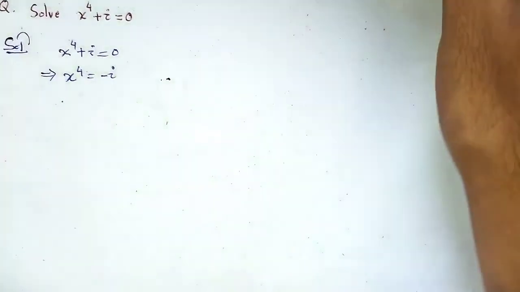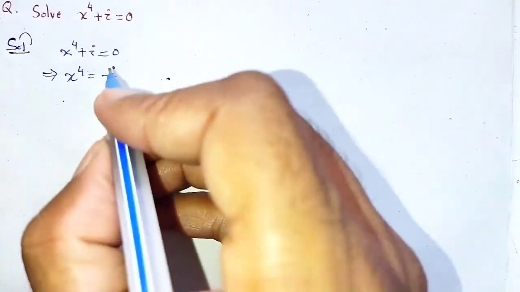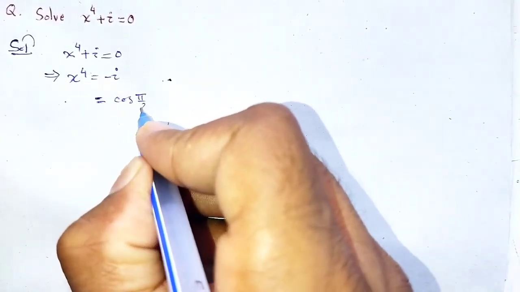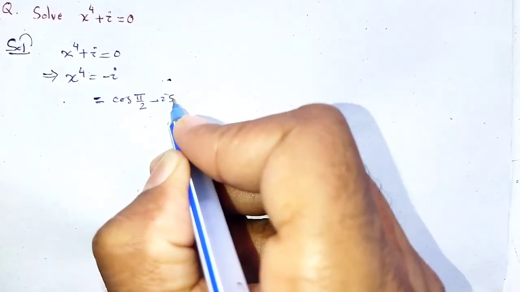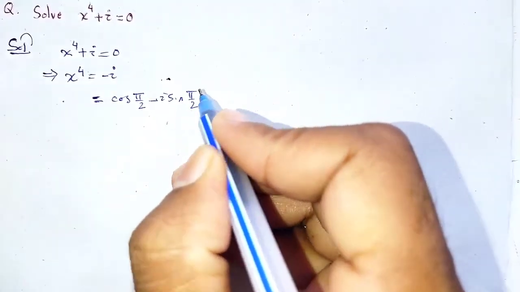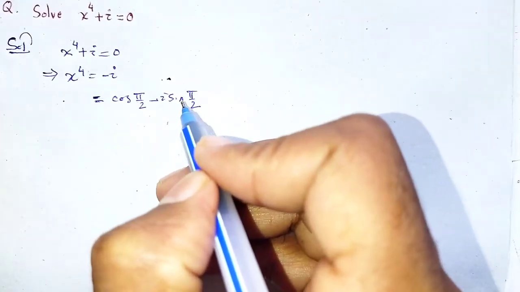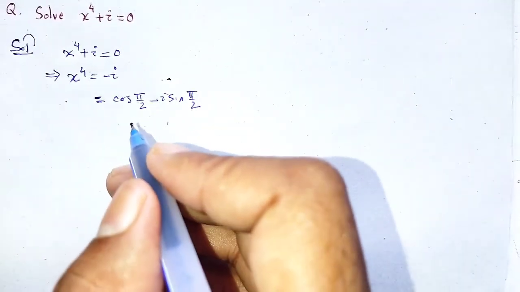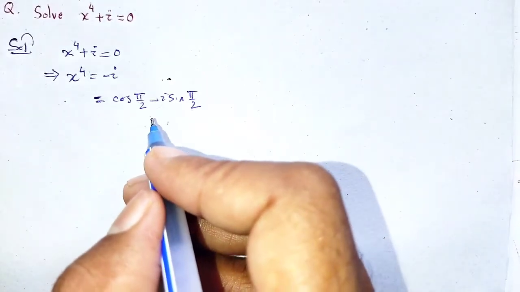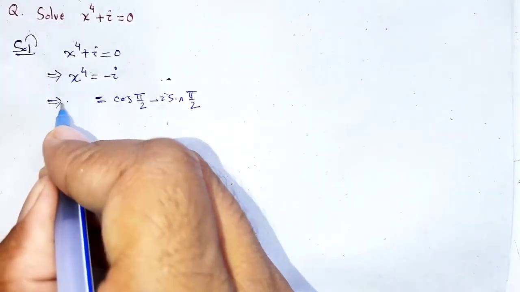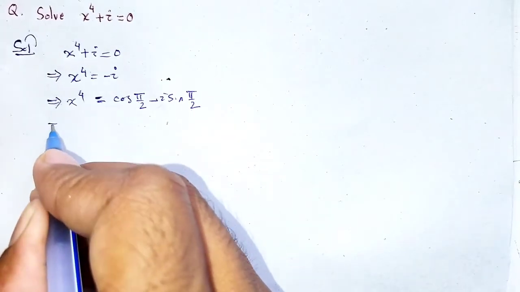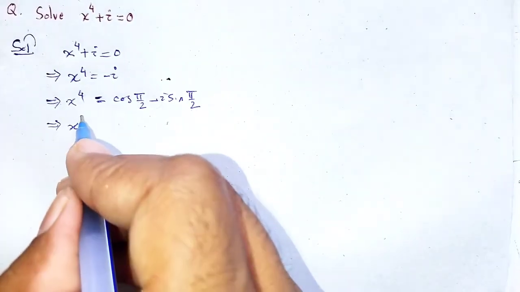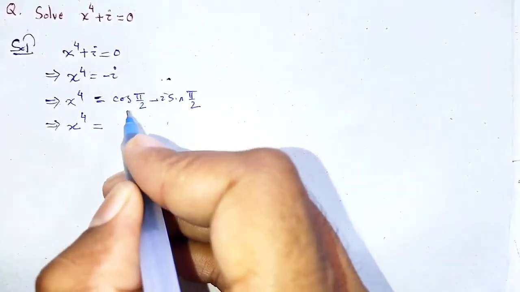Minus i can be written as cos pi by 2 minus i sin pi by 2. Here cos pi by 2 is 0, sin pi by 2 is 1. Therefore, x to the power 4 is equal to that.